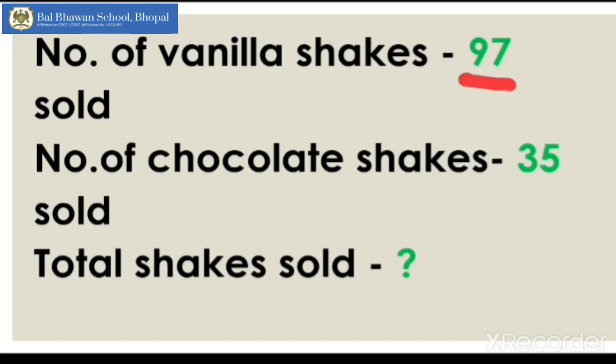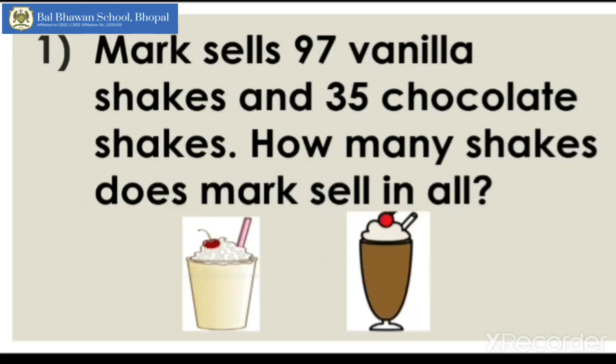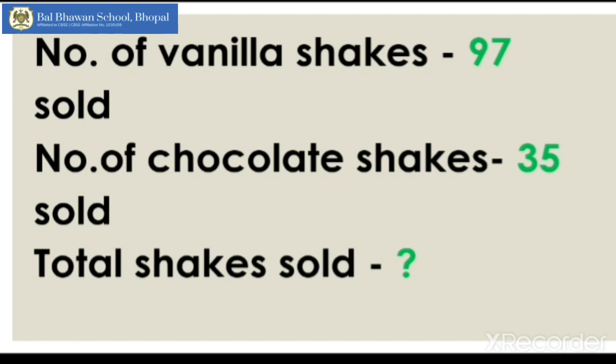Second, it is given the number of chocolate shakes sold by Mark. Number of chocolate shakes sold, 35. So these values are already given in the question. Now what you have to find out? You have to find out the total shakes sold by Mark. Again, for finding out total, we have to add. So after writing statements in this way, now we will do addition.